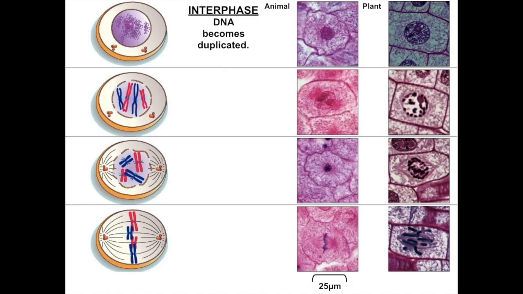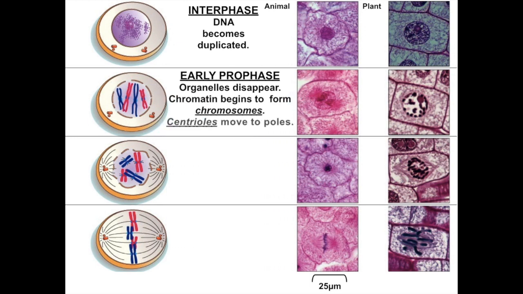Okay, here we have interphase. The cell is getting bigger, it's growing, it's copying, it's duplicating. We have the synthesis. So this is where we have G1, S, and G2 in interphase. Now let's go to the first step of mitosis, and this is prophase.